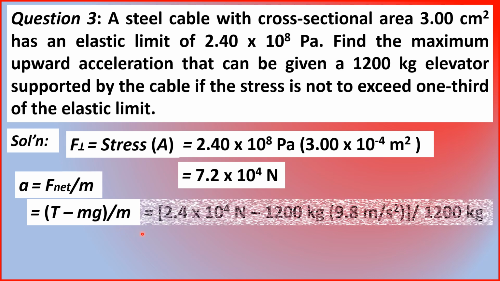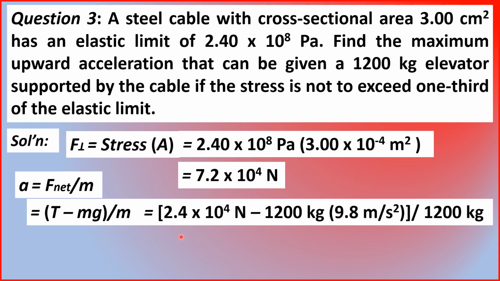When we substitute, all right, the tension that we are using here is equivalent to one-third of the elastic limit, and one-third of 7.2 raised to the 4th power Newton is 2.4 raised to the 4th power Newton. All right. Then we subtract the weight of the elevator, that is the mass, all right, 1,200 kilogram multiplied by g, 9.8 meter per second squared.